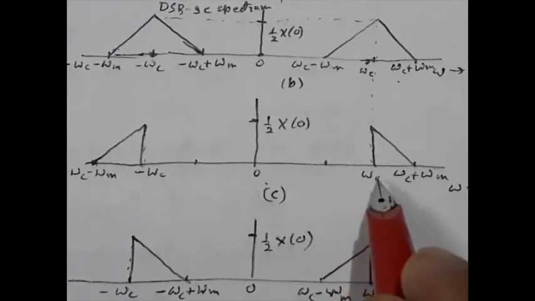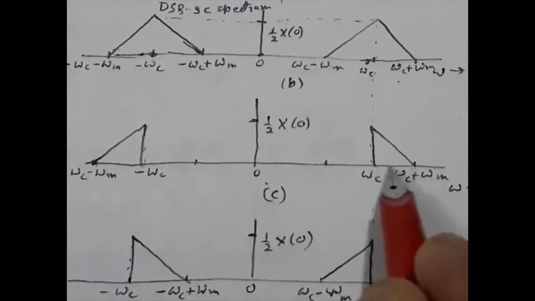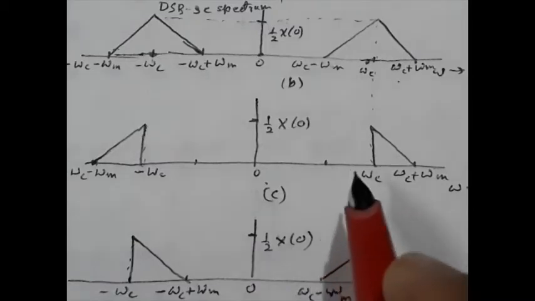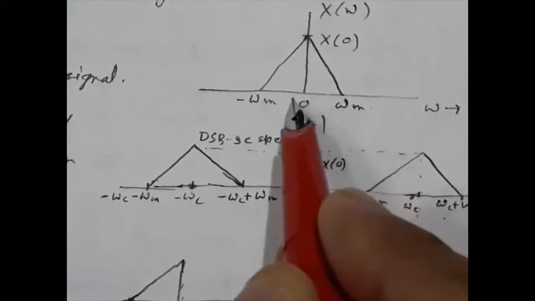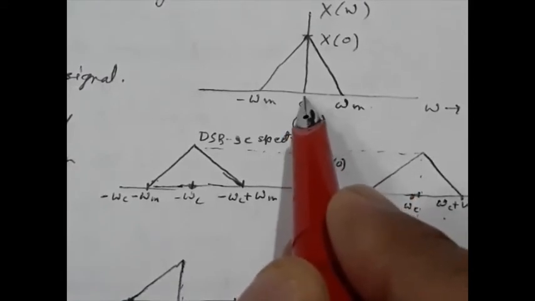In terms of linear frequency it is fm, because omega m equals 2 pi fm. So the bandwidth requirement for SSB-SC becomes fm hertz, which is the bandwidth of the given baseband signal. 0 to omega m means in the linear frequency domain 0 to fm hertz.